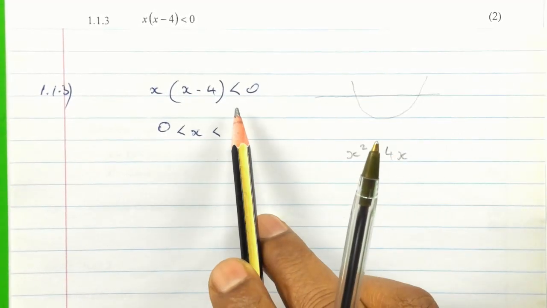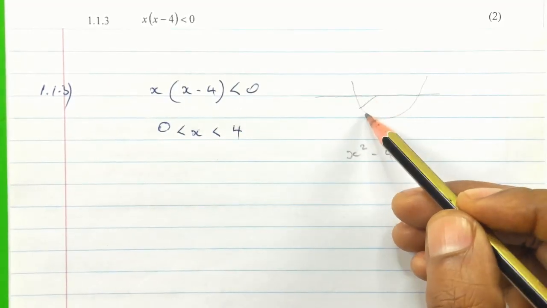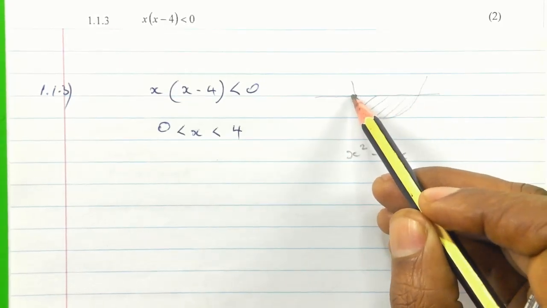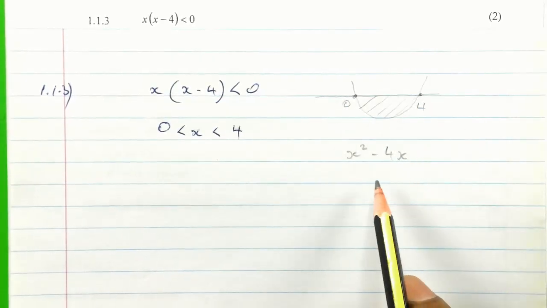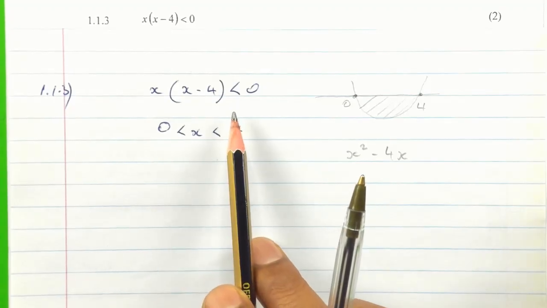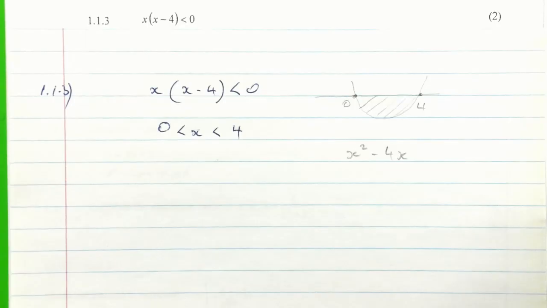So where is my function going to be negative? It's going to be negative there. And where will that be? It will be between 0 and 4. Okay, so you can just do the smiley quickly so that you can see, then you know that my interval is between my critical values, and you are done.